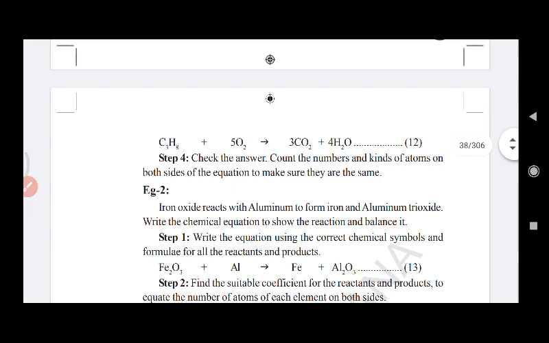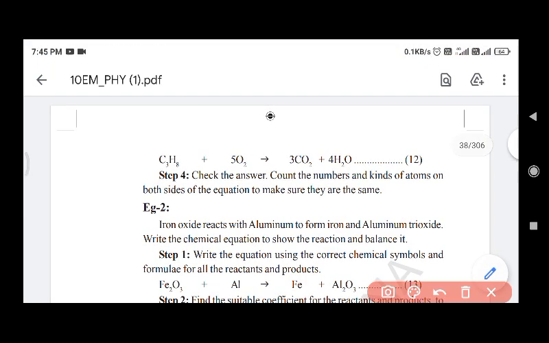Again we have to write the box, like element, left side and right side: carbon, hydrogen, oxygen.